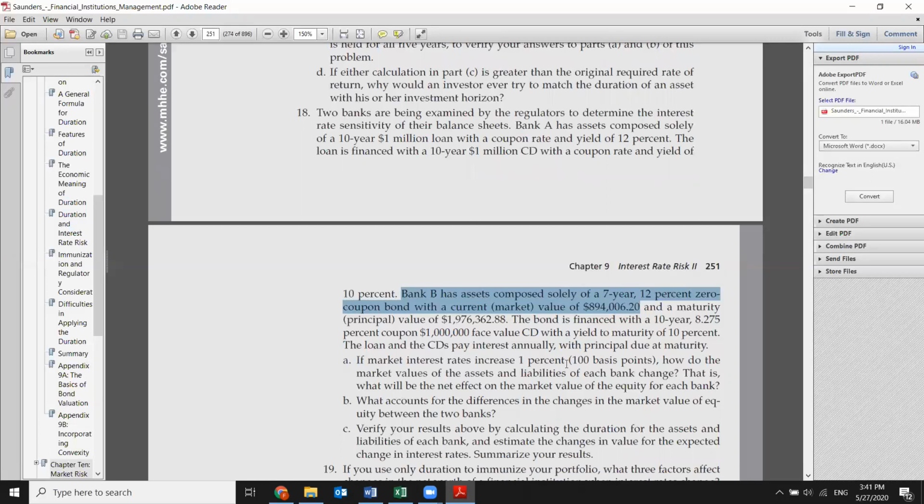Now is the time to verify it. Part C asks you: please verify your results above by calculating the duration for the assets and liabilities for each bank. Estimate changes in value for expected changes in interest rate. So we need to summarize our results. Part C.